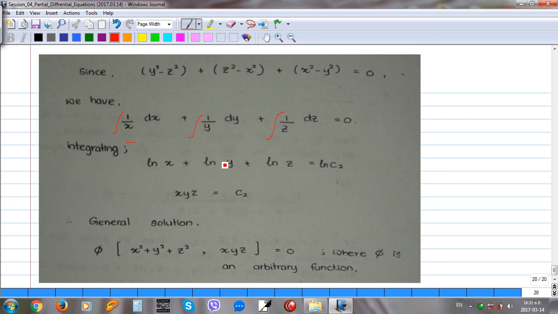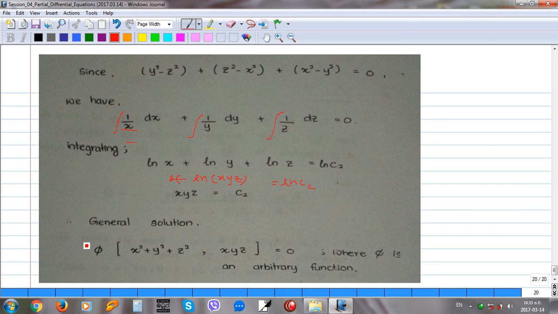Ln x plus ln y plus ln z equals ln c2. Then we can write ln x y z equals ln c2, then c2 equals x y z. Then you can write the general solution, 5 times x square plus y square plus z square, x y z equals 0, where 5 is an arbitrary function.